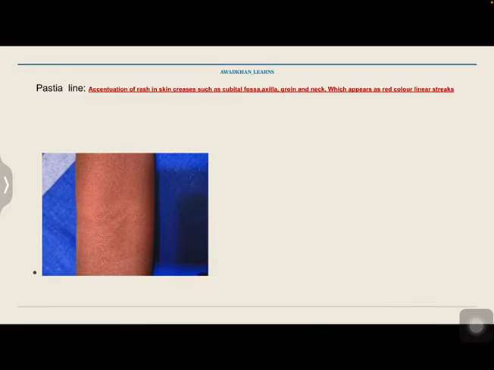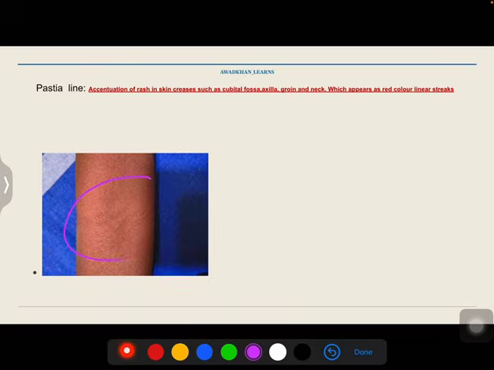Pastia lines are accentuation of rash in skin creases such as cubital fossa, axilla, groin, neck, which appear as red colored linear streaks. If you notice here in the cubital fossa, there are red colored linear streaks here. One more is here, and one more is here. They are not visible clearly, but they are there in our patient.